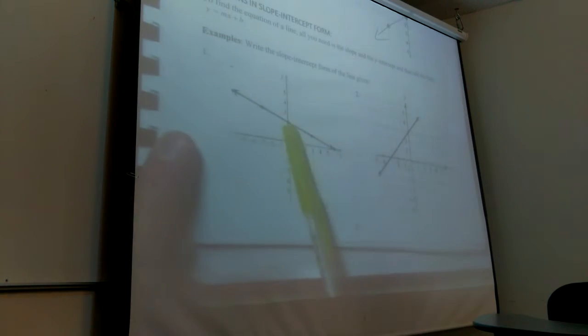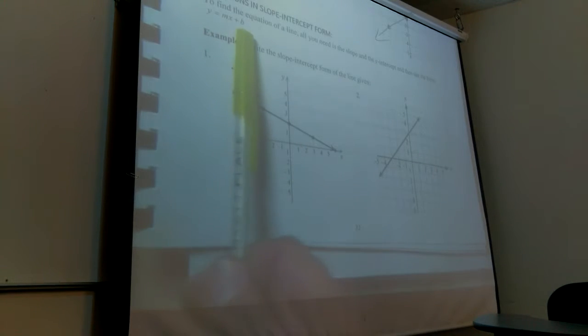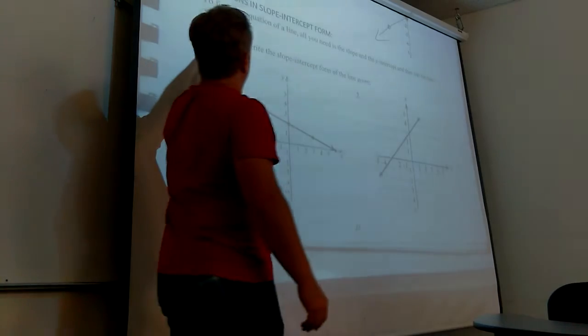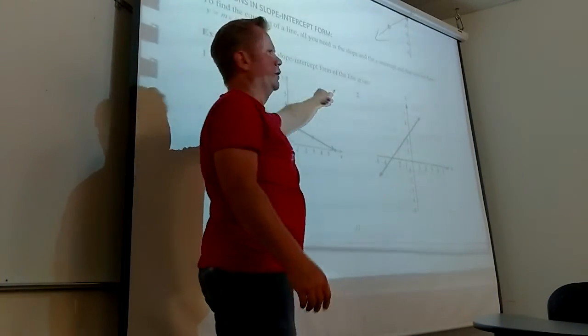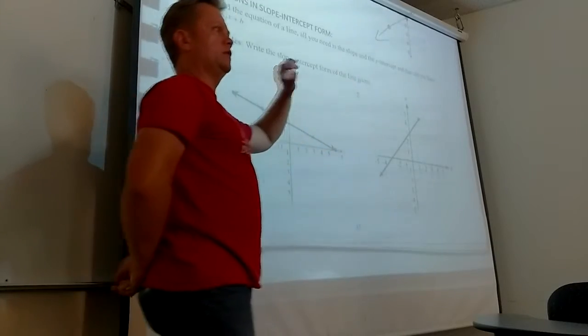So real quick, for these two, try to write the slope-intercept form. That's what this is. Remember, math people, very creative people, we said, this equation has slope-intercept in it. Let's call it slope-intercept. So try for these two to write what the equation is.